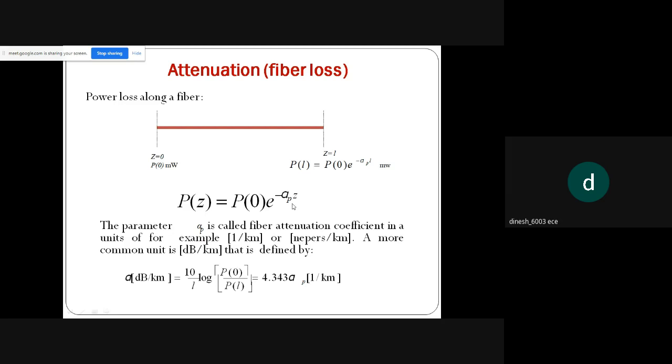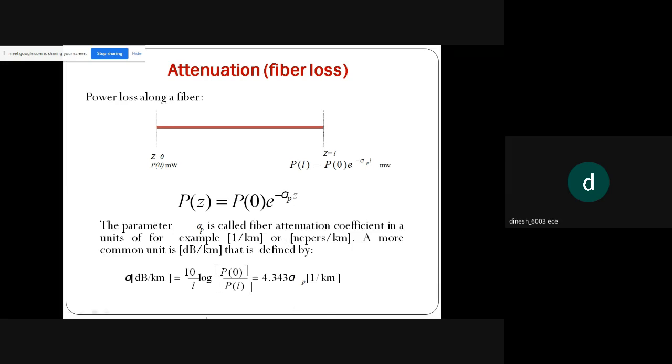This is derived from the fact that as the distance increases, the attenuation is exponential in its length.